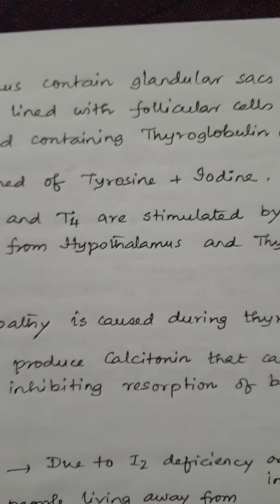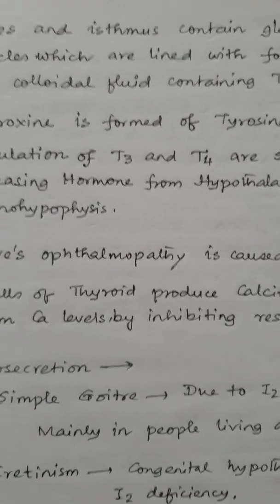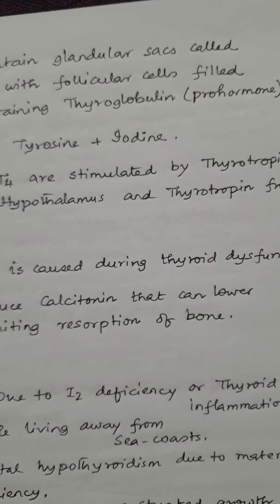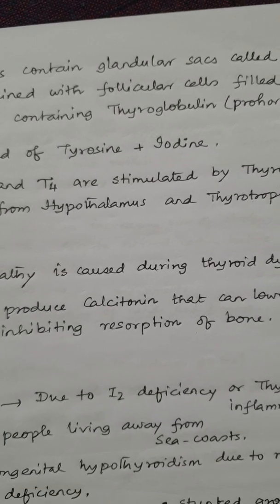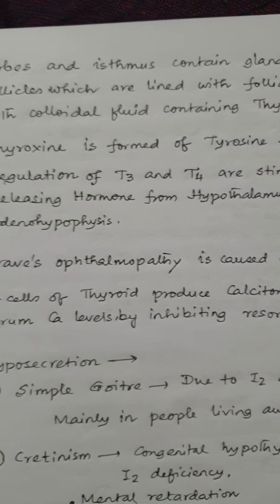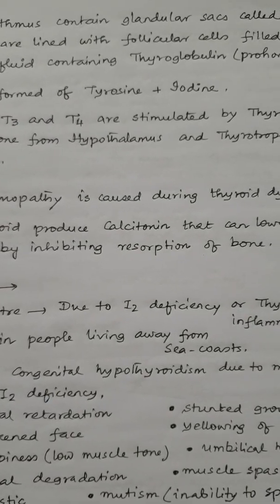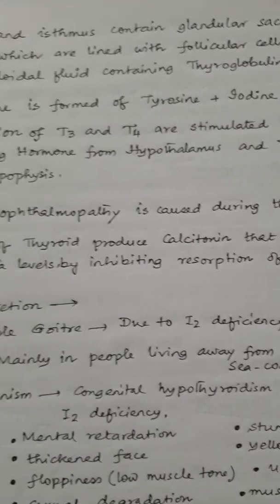The lobes and isthmus contain glandular sacs called follicles, which are lined with follicular cells filled with colloidal fluid containing thyroglobulin, which is a prohormone. Thyroxine is formed from tyrosine and iodine.